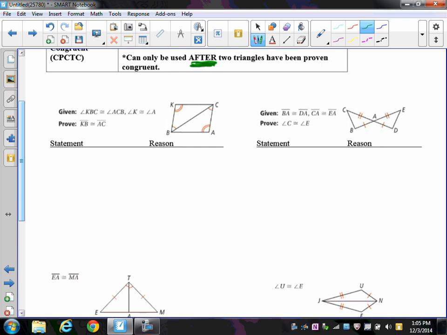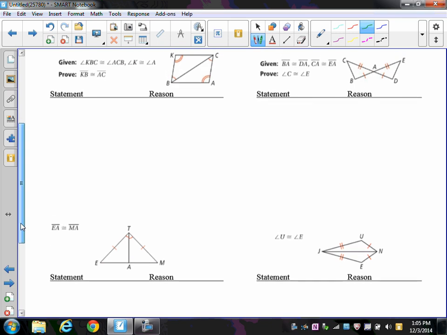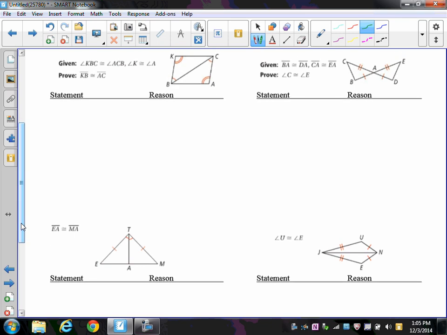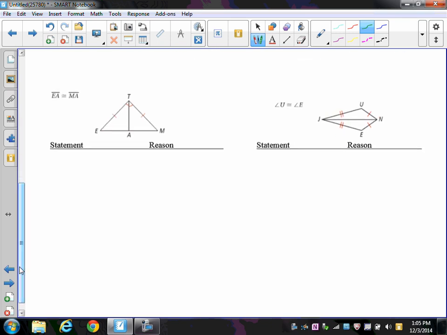So if I want to take an example, I want to do the two examples to the right. I want you to try the two to the left. Or sorry, I'm going to do the two at the bottom. So I'm given the information that's on this picture, and I want to prove that segment EA is congruent to segment MA.